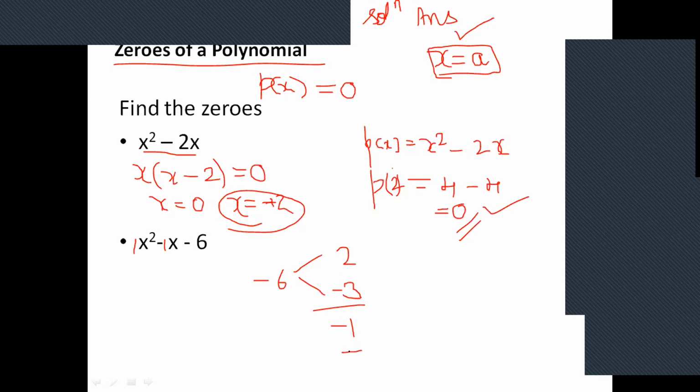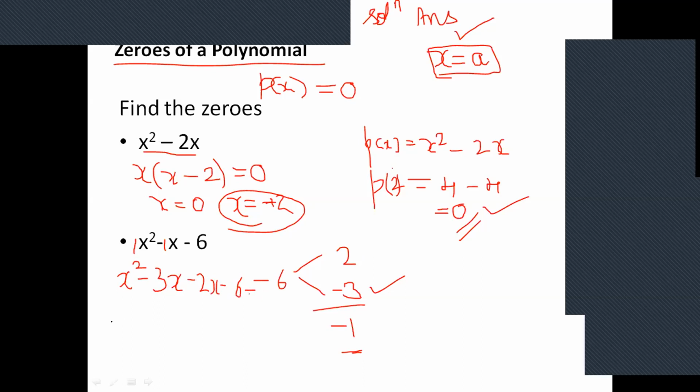But since the sum is minus 1, I have to take the greater number as minus. So using these factors, I'll be splitting the middle term as x square minus 3x plus 2x minus 6. And as I said, you have to put it equal to 0.